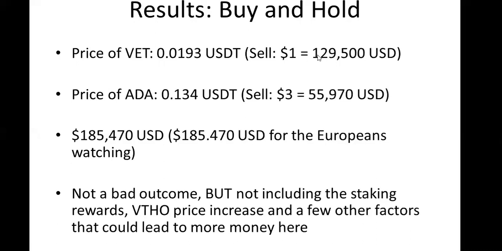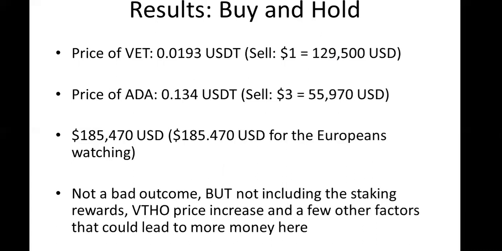So $1, that would be 129,500 US dollars. Price of Cardano, 13.4 cents, or 0.134 USDT. Sell at $3. I think it could go to 10 or higher than that too, but we're going to give it that: 55,970 US dollars.